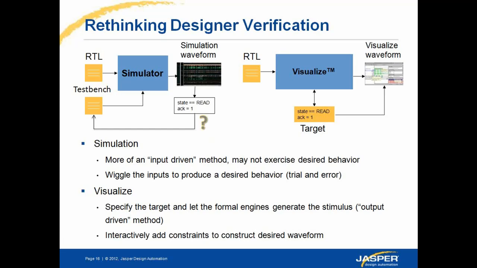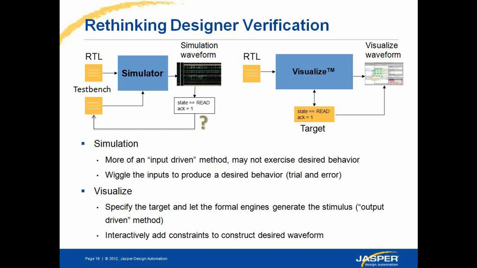If you want to hit a particular state or condition in your RTL and you are using simulation for it, you need to come up with a test bench that applies an input sequence that will bring the design into that state or hit that condition. So simulation is more of an input-driven method.